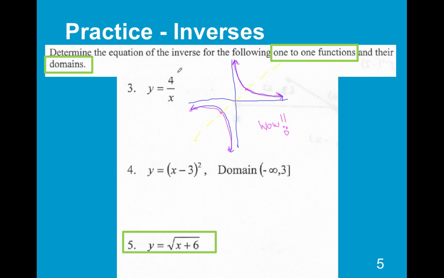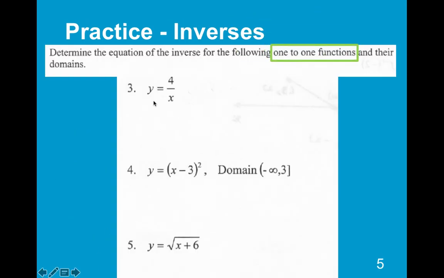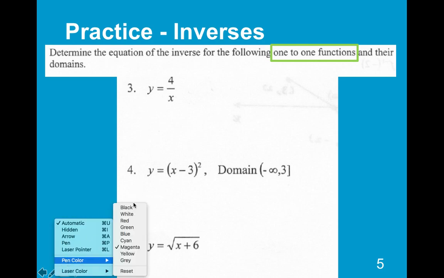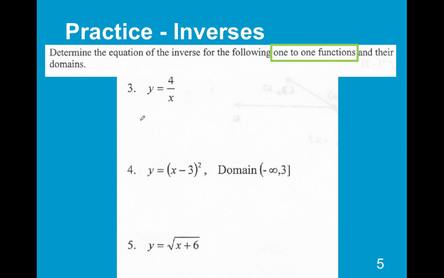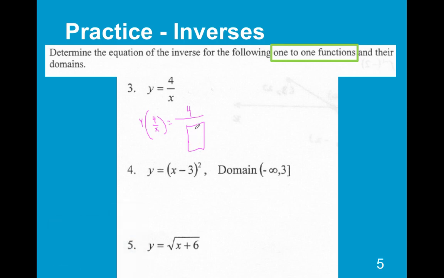Wow. That also means that if you compose 4 over x into itself, so y of 4 over x equals 4 over x, and you put 4 over x into itself, 4 divided by 4 over x is the same as 4 times what?